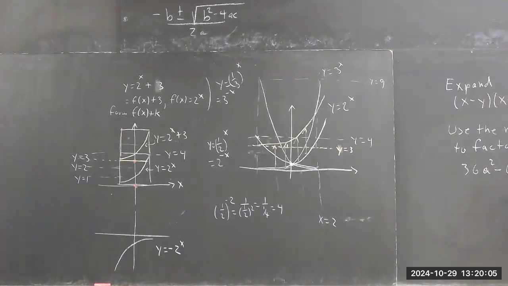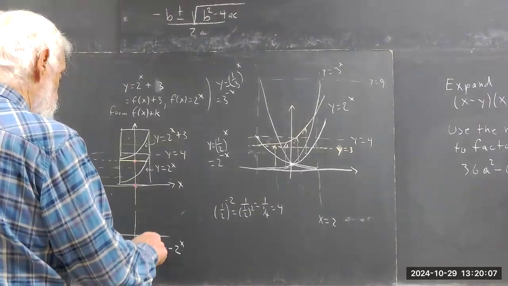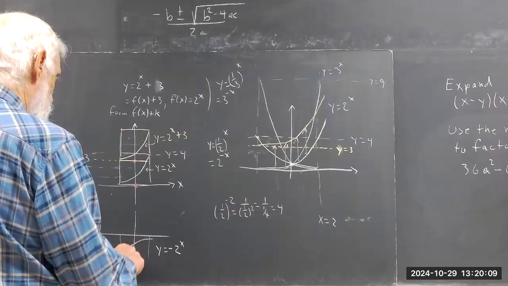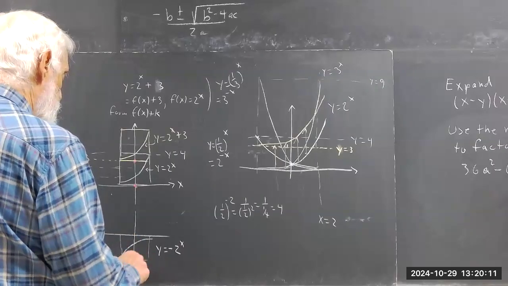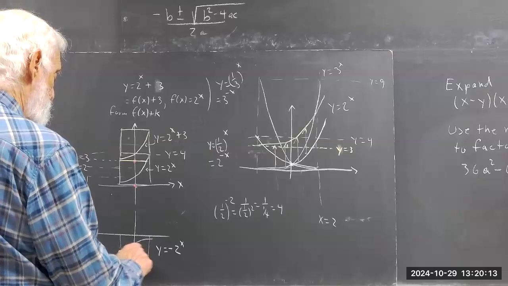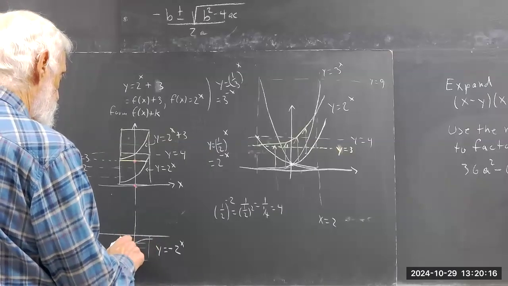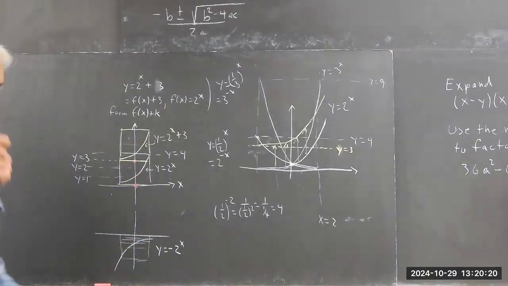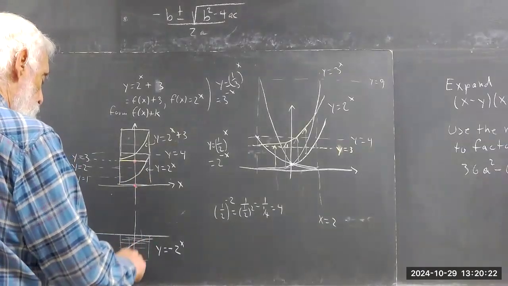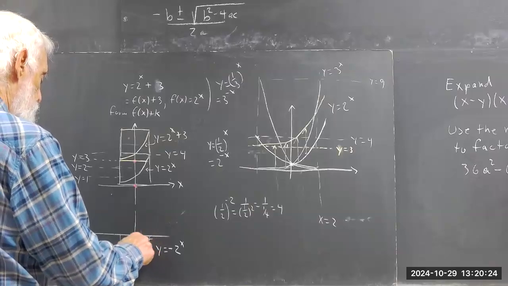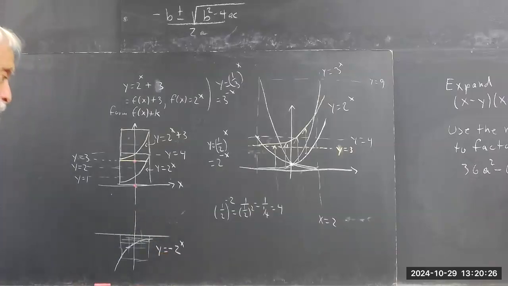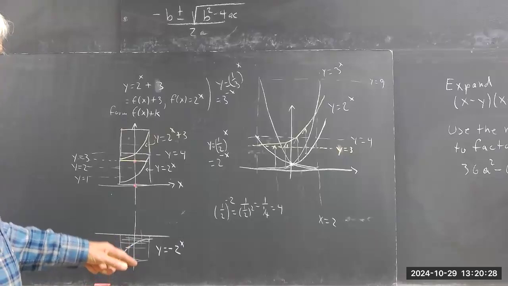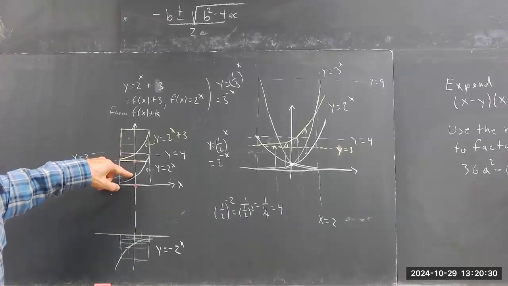Then you can construct that in a rectangle. Just subdivide the rectangle this end toward the x-axis and use the same vertical lines. And it's just exactly the same as what you've got here.